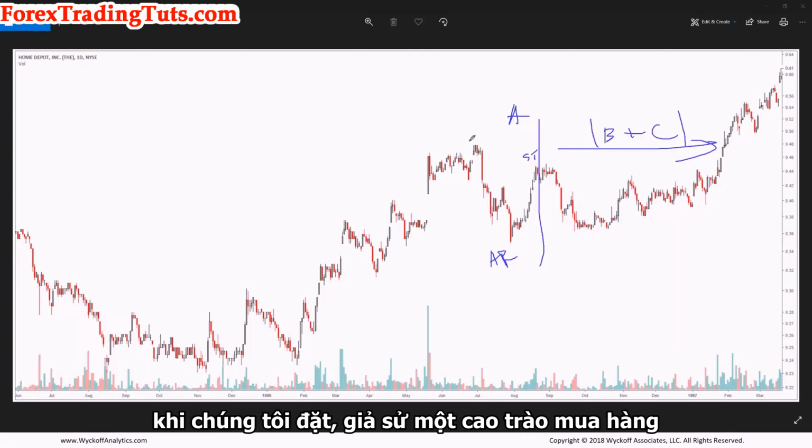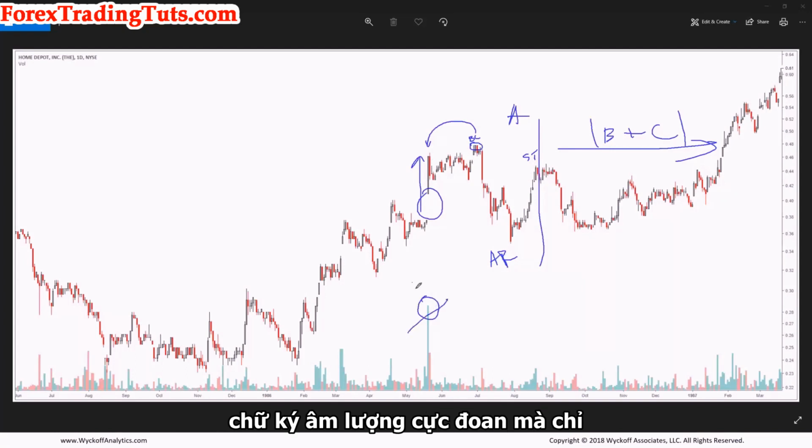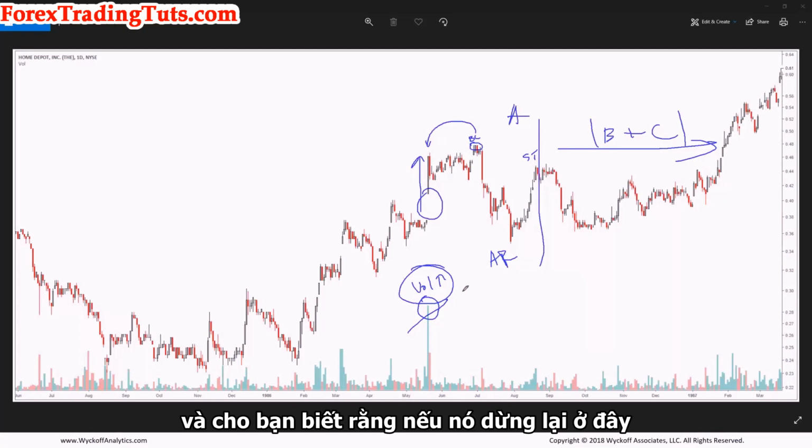When we put, let's say, a buy-in climax right here as this point, we're basically neglecting the fact that the buy-in climax characteristics happened before that. And we went through those: a gap, acceleration to the upside, climactic run, acceleration of momentum, extreme volume signature, which just basically screams at you and tells you that if it stops on this climactic volume, then most likely this is a buy-in climax.